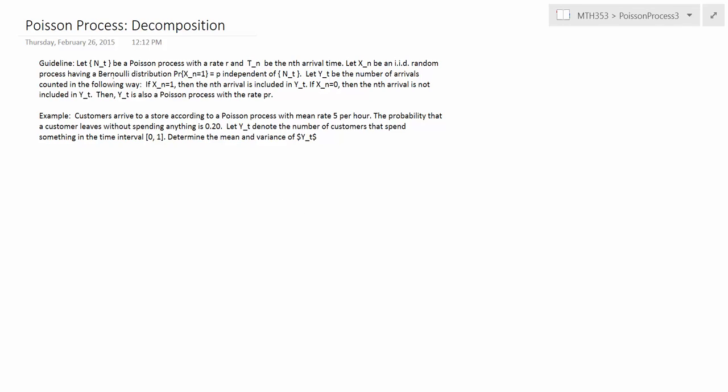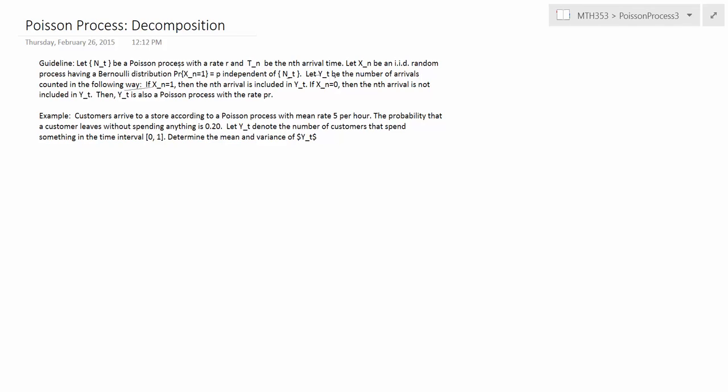Suppose we have a Poisson process N(t) with rate r, and T_n is the nth arrival time, and let X_n be an IID random process having a Bernoulli distribution. So the Bernoulli distribution, remember, is either 1 or 0, and the probability that X_n equals 1 is p, independent of the Poisson process.